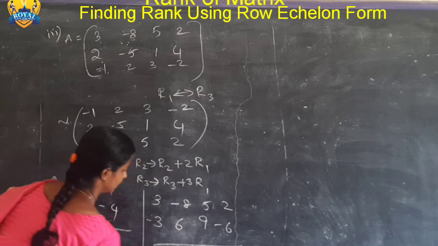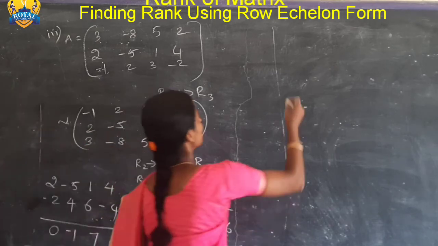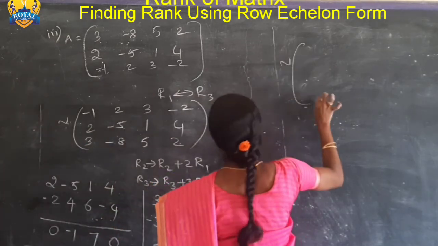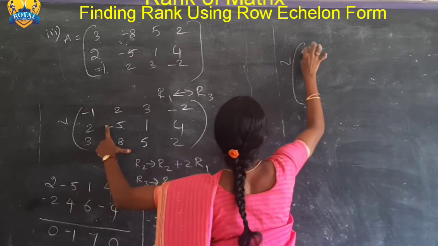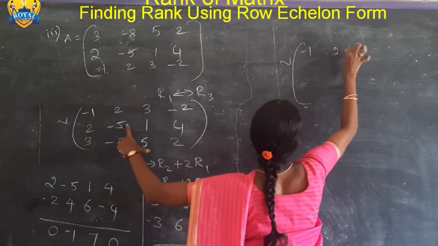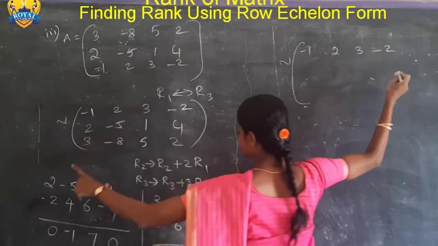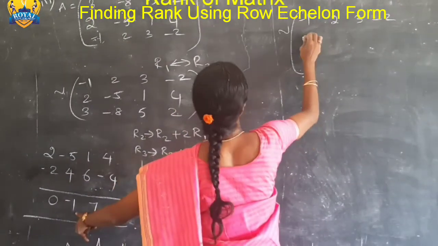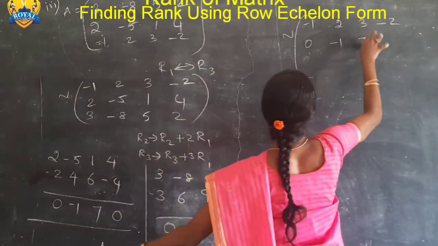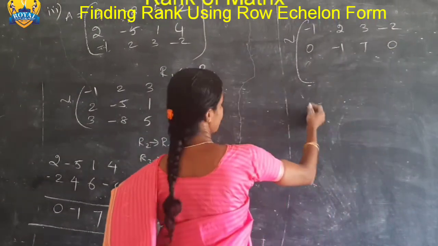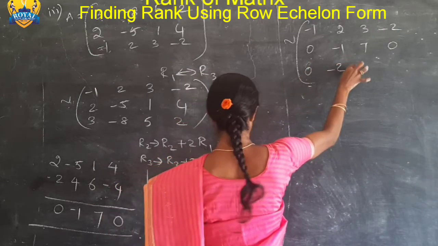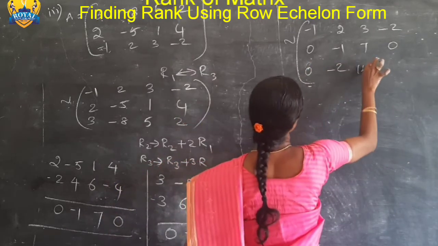So now what is my equivalent matrix? My row 1 is minus 1, 2, 3, minus 2. My row 2 is 0, minus 1, 7, 0. My row 3 is 0, minus 2, 14, minus 4.